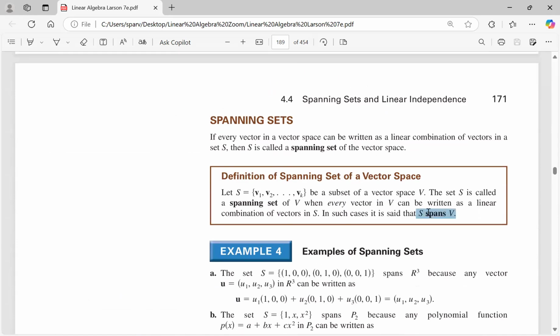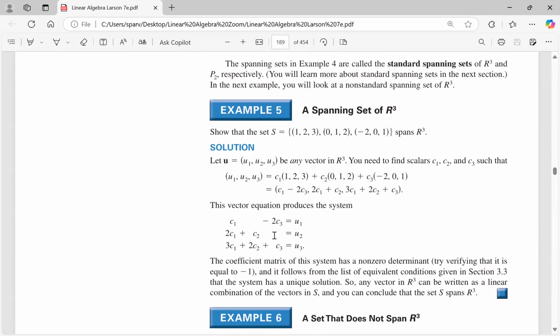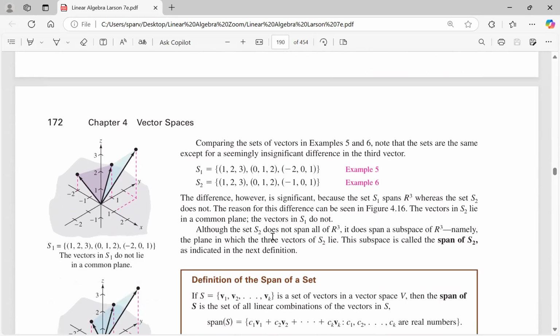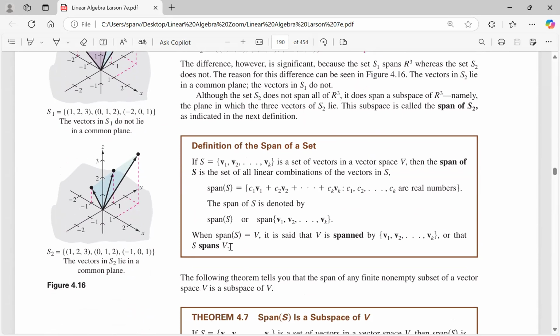This is exactly what we said earlier: S spans V if every vector in V can be written as a linear combination of the vectors in this set. So if we define a subset and we can show it covers every vector in V, then it spans it.